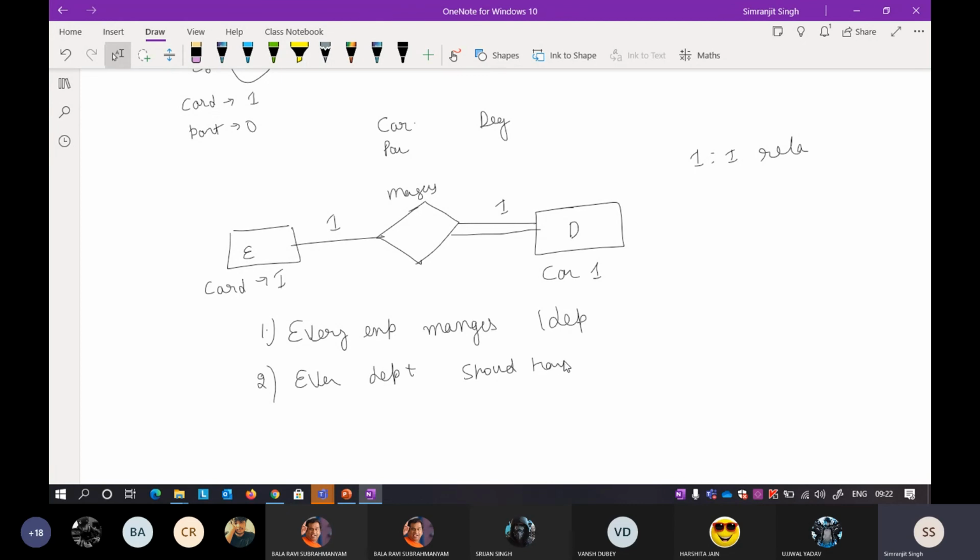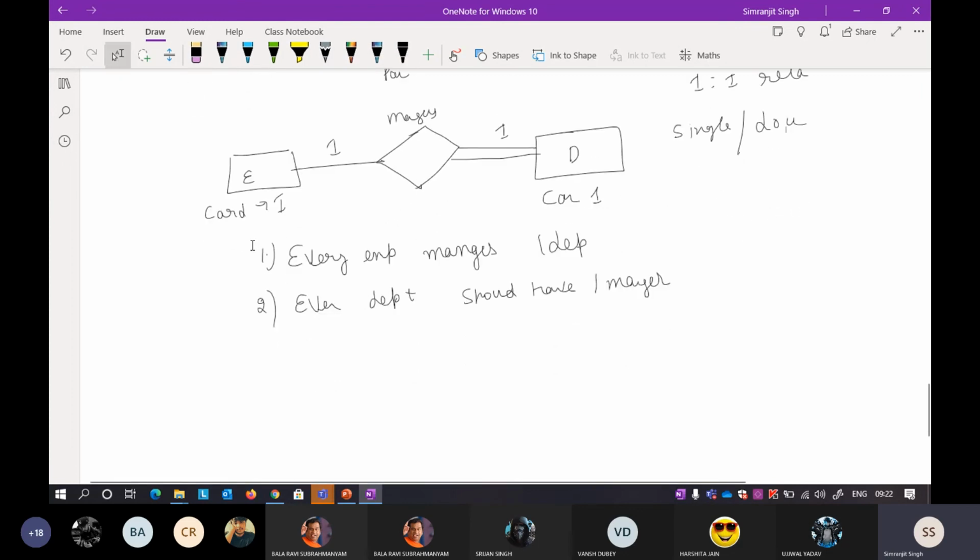So this is your one-to-one relationship. This is your single line, double line representation. If you want to represent it by min-max representation, show me the min-max representation. Just draw it and share your screenshot with me. What is the min-max representation of this particular diagram? Show me.